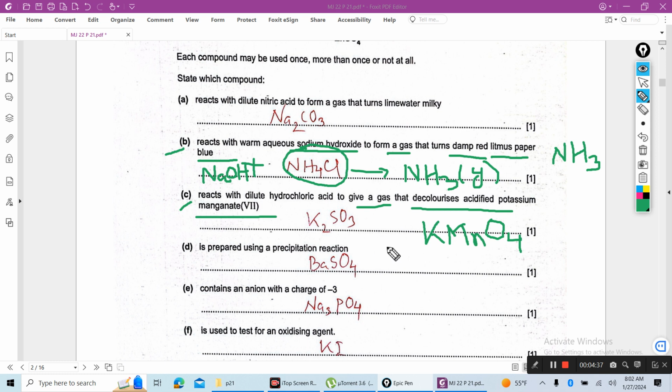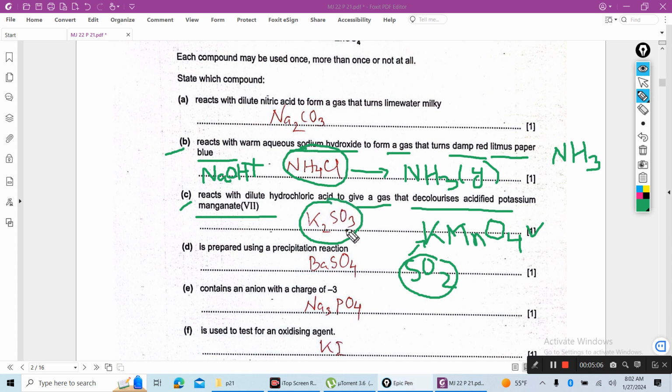You know, sulfur dioxide gas turns potassium manganate(VII) from purple to colorless, and sulfur dioxide gas is produced from any sulfite salt.